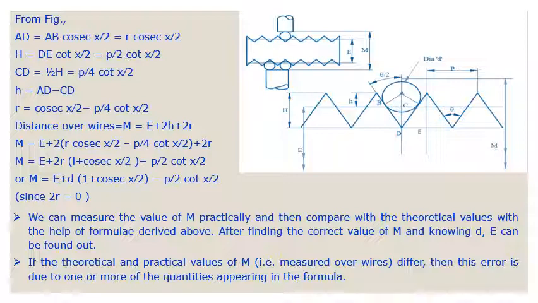Further, small h is equal to AD minus CD. So small h we can derive as r of cosecant of x by 2 minus p by 4 of cot of x by 2.